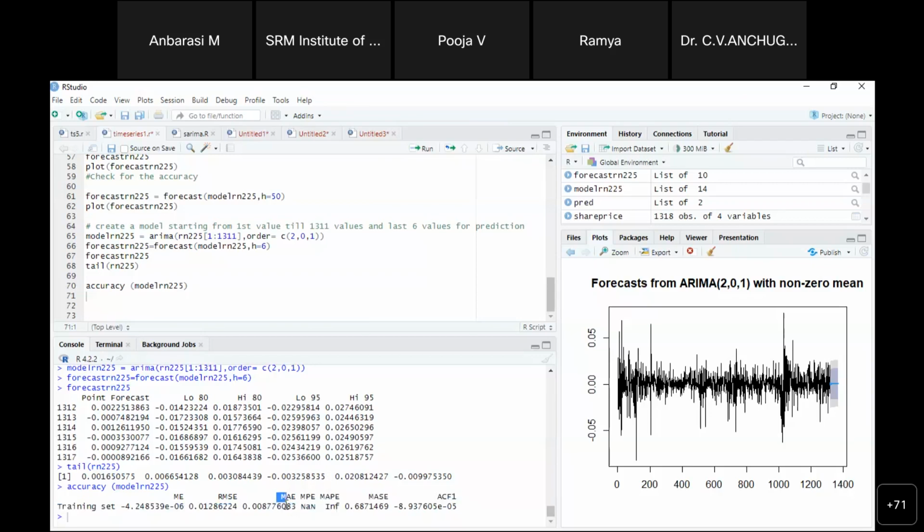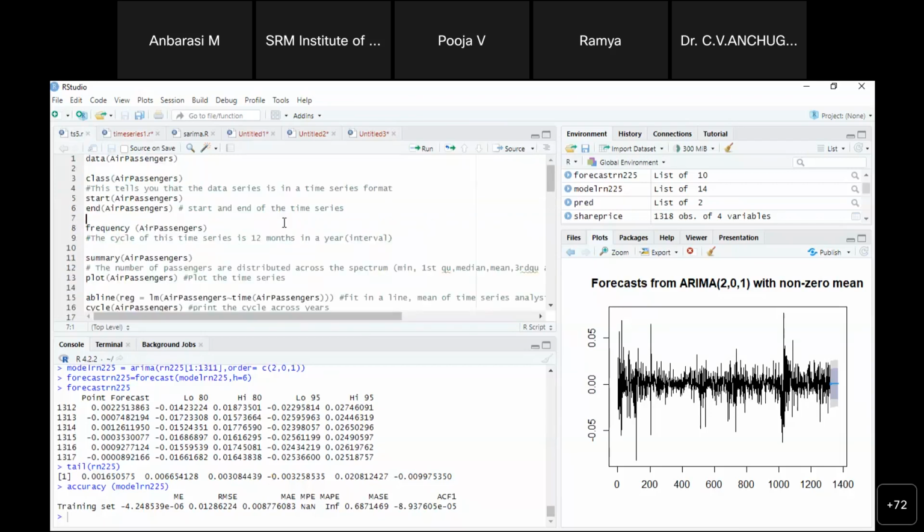And then if you want, you can consider the mean absolute error as well. In this way we can find the accuracy, and we can say that the forecast model is better.